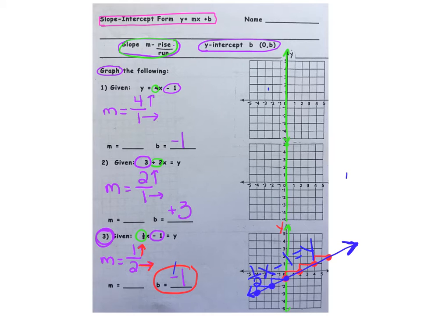You're done. Once again, a nice straight connection with arrowheads at each end, and label with the equation. Go ahead and try number 1 and number 2.